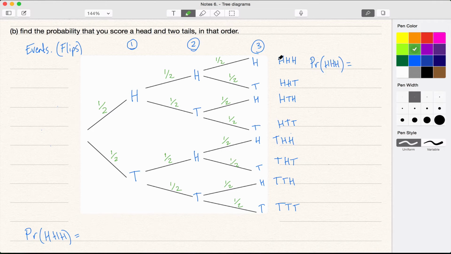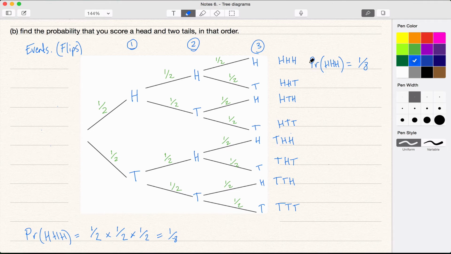So when you're trying to work out the probability of any of these events happening, you need to work out the probability of the first event happening, which is 1/2 in this example, and multiply it by the second event probability and multiply it by the third event. So that's going to equal 1/8, so we can put that in straight away there.